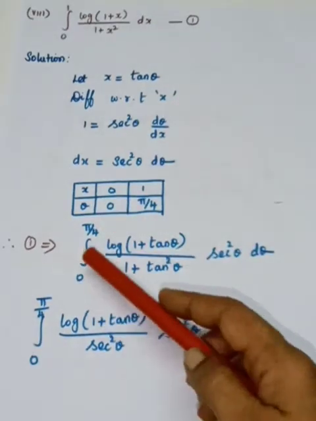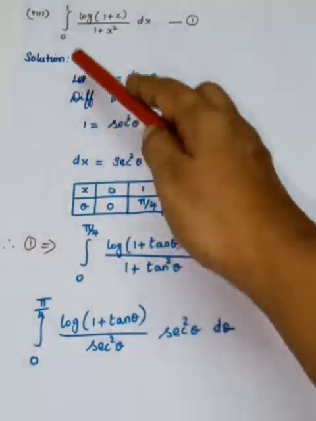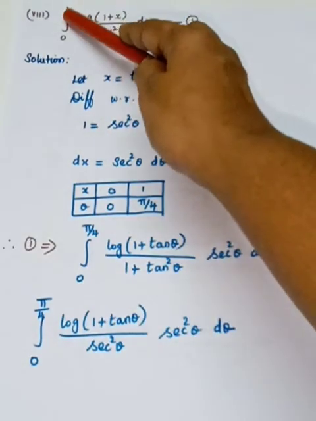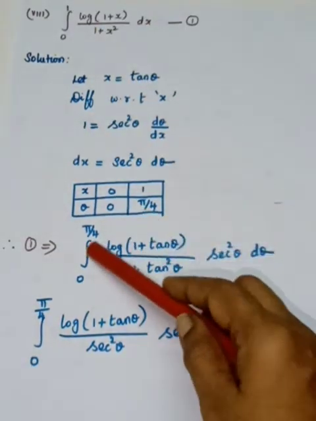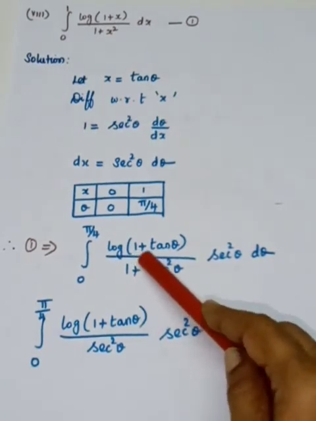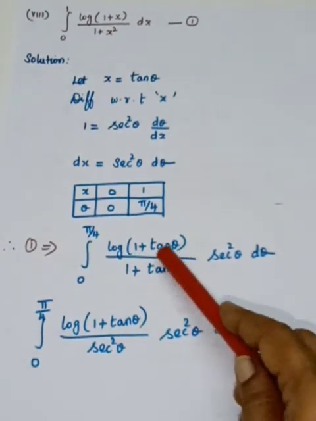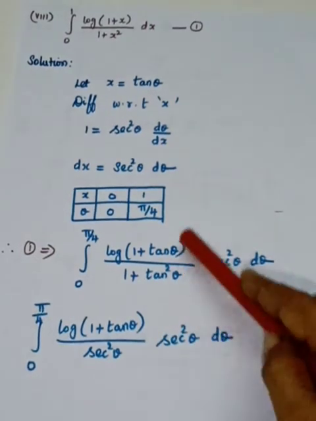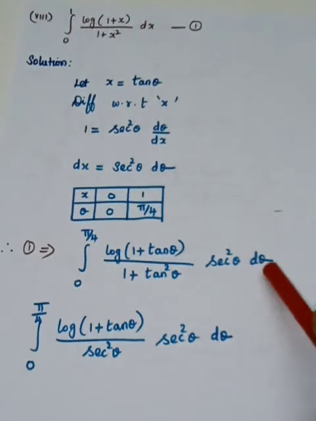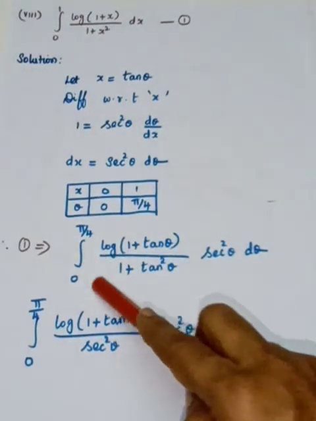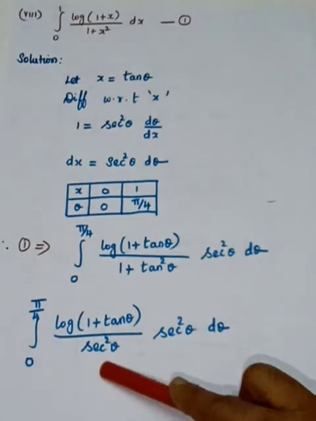So the whole term, you take the problem 1. So 1 implies integral. In the place of x, 0 means your theta also 0. But x is 1 means your theta is equal to pi by 4. Log of 1 plus, in the place of x you have to write tan theta, divided by 1 plus tan square theta. What is dx? It is secant square theta into d theta. You know the trigonometry identity, 1 plus tan square theta is secant square theta.